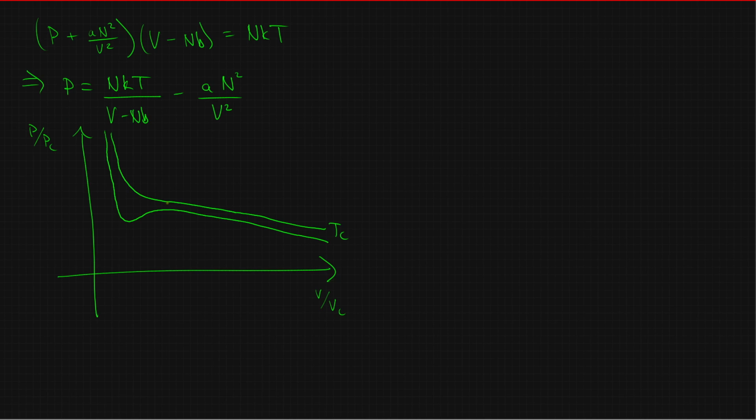And anything at the critical temperature or above the critical temperature is just completely concave up. So if you keep on going lower and lower in temperature, you get more of these looking things. And so the critical pressure and the critical volume are just the pressure and volume corresponding to this critical isotherm right here. So he just draws it in units of the critical pressure and critical volume.